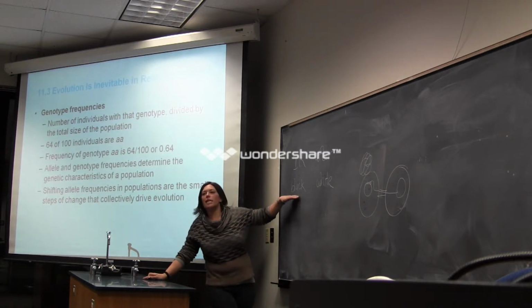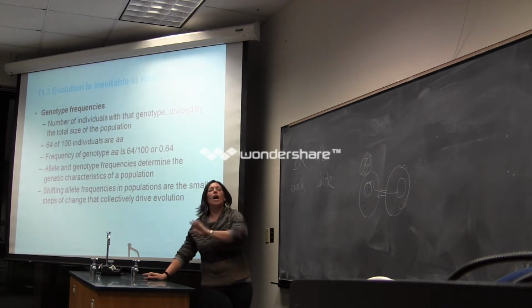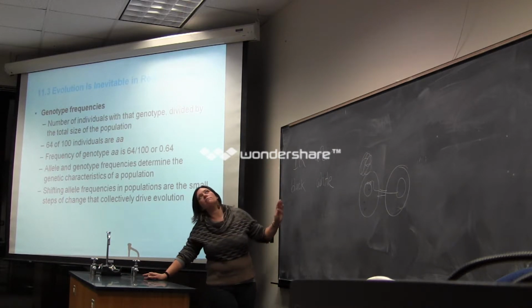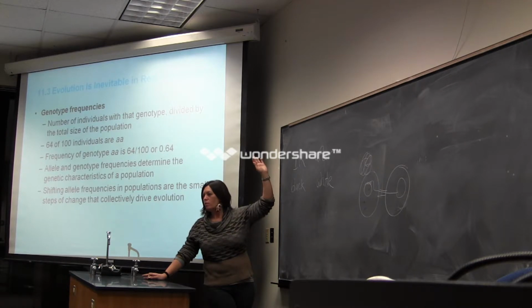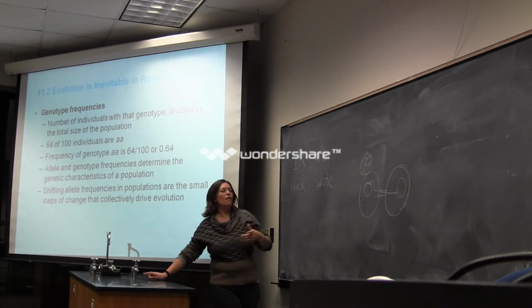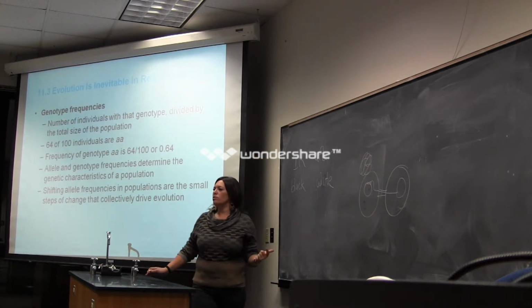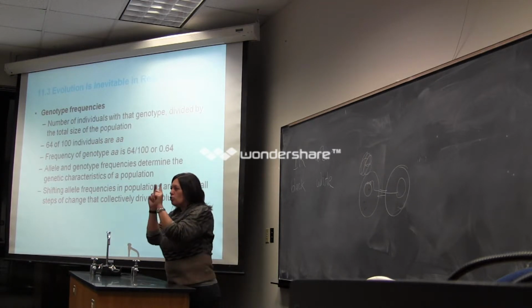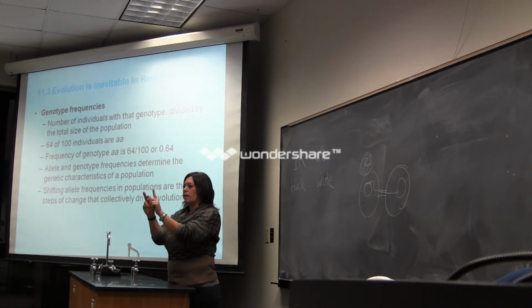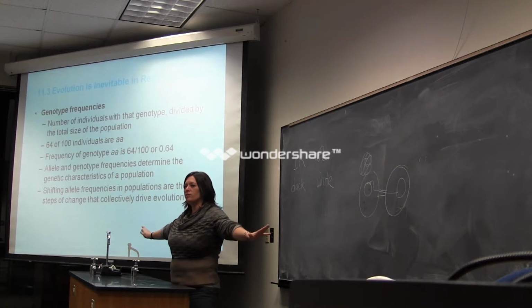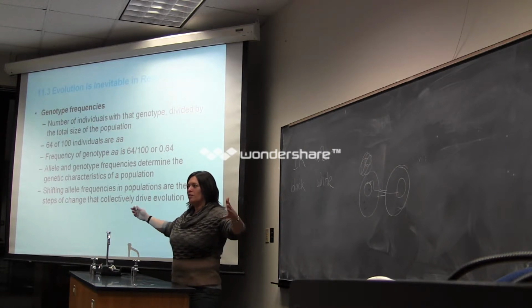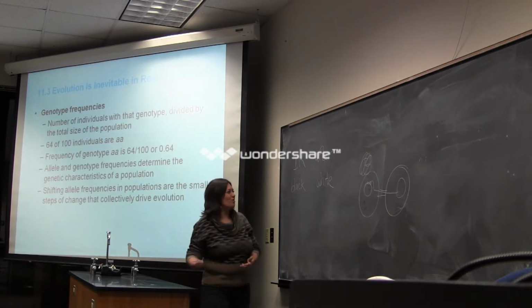So let's just say that there are 100 moths living outside of a factory that produces lots of pollution. And of those 100 individuals, we each have 2 alleles for each trait, right? So if we have 100 individuals, how many alleles do we have? 200, right? 2 for each individual.